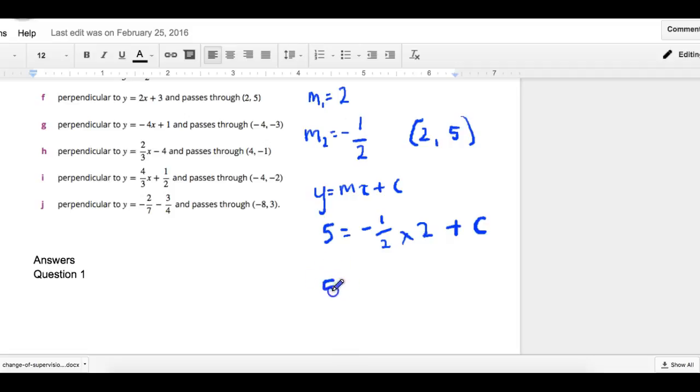So let's just do -1/2 times 2. So that becomes -1. And bring that 1 over. So c is equal to 6. So your equation of the line is y equals, your gradient we worked out is -1/2 x plus 6.